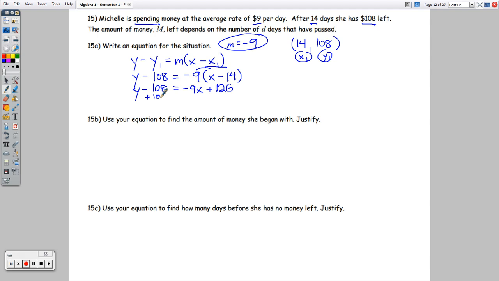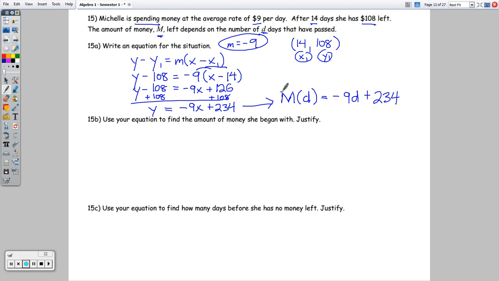From there, add 108 to both sides. And it looks like that would leave you with Y equals -9x plus 234. So in terms of the function notation that it gives us, M and D, we use that instead. So money given a certain number of days equals -9 times the number of days plus 234.